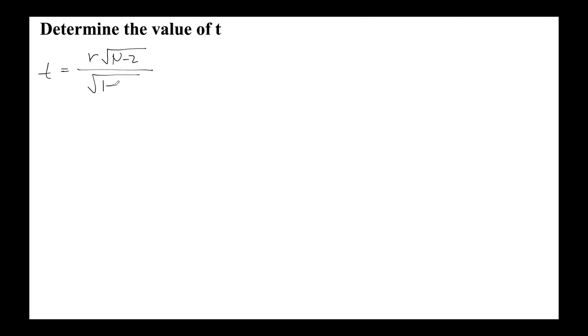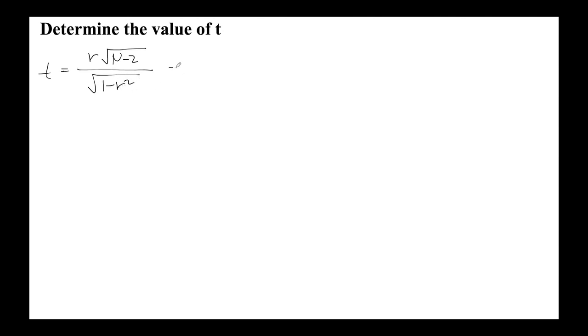Let's continue our solution. We should now determine the value of T. Dahil meron tayo kaninang, di ba, critical value of T. Ngayon naman, compute natin yung value of T. Just like what I have given you before, the formula for T is T equals the value of R na na-compute po natin, square root of N minus 2, all over the square root of 1 minus R squared.